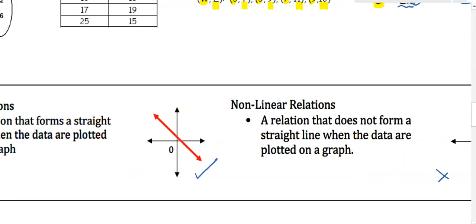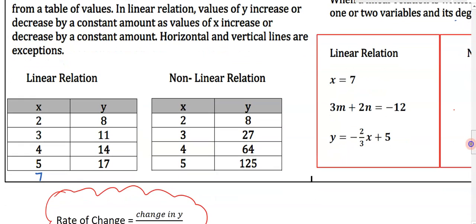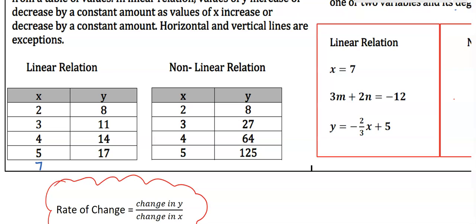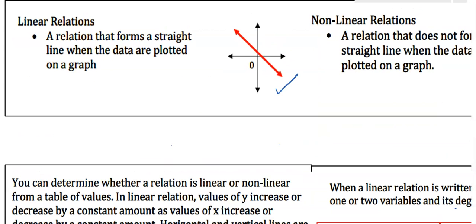Just look at it. What if I give you a table of values? How do I know if the table of values is linear or not linear? Well, I could graph it and see if it falls in a straight line, or I could just know, remember we talked about this last class, in a straight line, if I was to create stairs, each stair would be exactly the same.